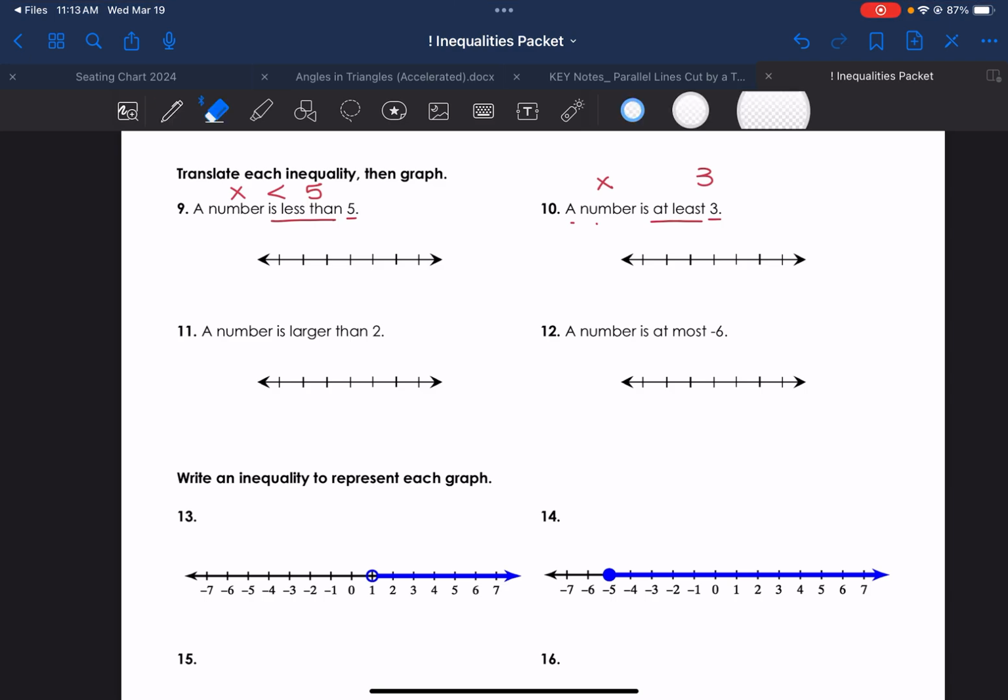So that means at least I want to eat 3 or more. I want my answer to be more than 3, where 3 is the smallest amount I will allow. That means x has to be more than 3 or equal to 3. Okay, and again, you're going to graph these, and then you're going to do numbers 11 and 12 also.